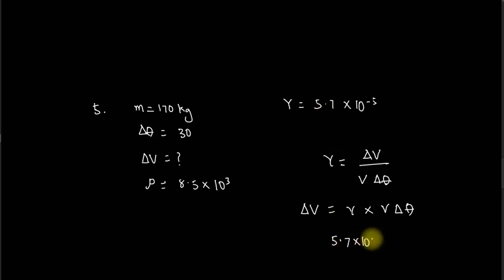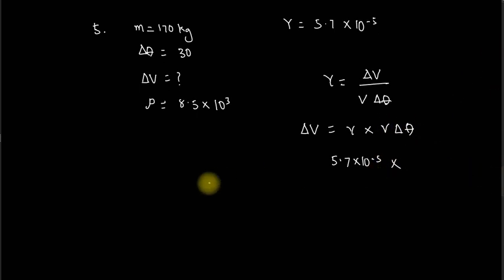Our expansivity is 5.7 times 10 raised to the power minus 5 times V. V is what? We don't know what V is. The initial volume, we can calculate it from the mass given and the density given, because density is equal to mass over volume. Therefore, volume is going to be equal to mass over density.